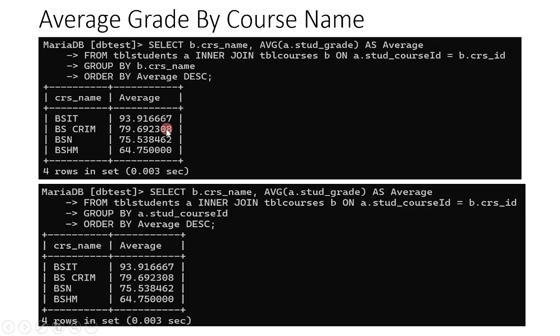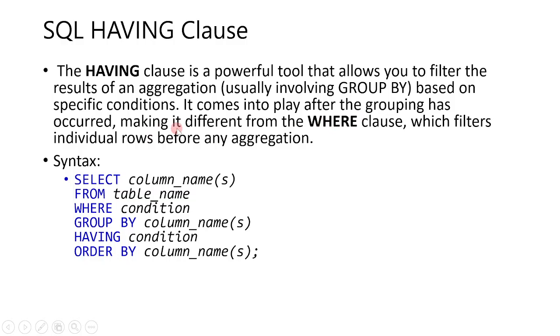In our previous example, we have group by without any filter, so all results have been returned. It comes into play after the grouping has occurred, making it different from the where clause, which filters individual rows before any aggregations.